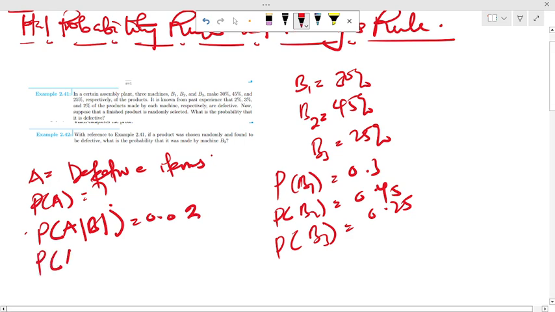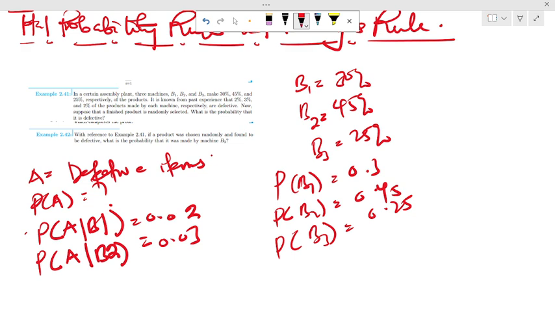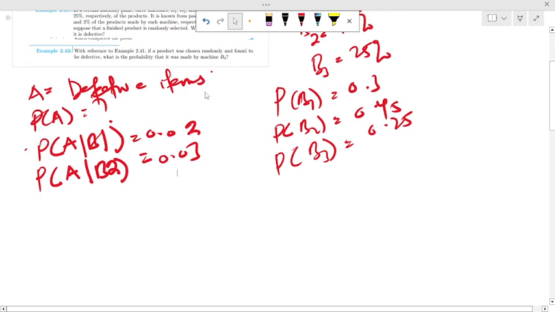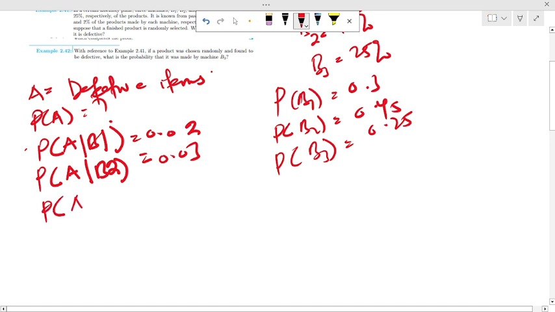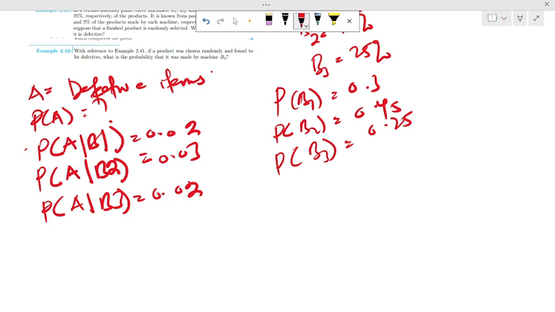The probability that it is defective given that it is produced by B2 is what? 0.03, right? Because they've told you it is defective but it's produced by B2. The probability that it is defective, given that it is produced from B3, is what? 0.02, right?